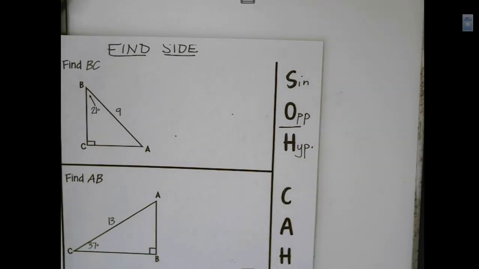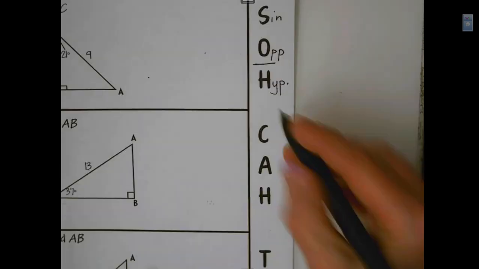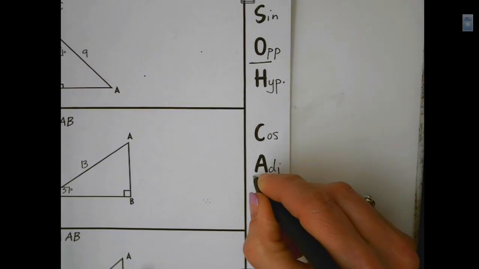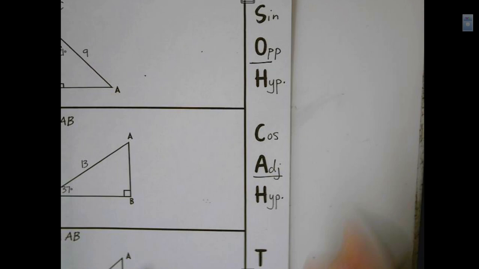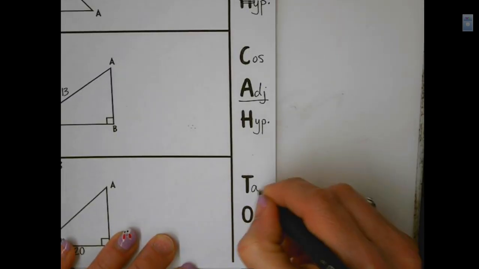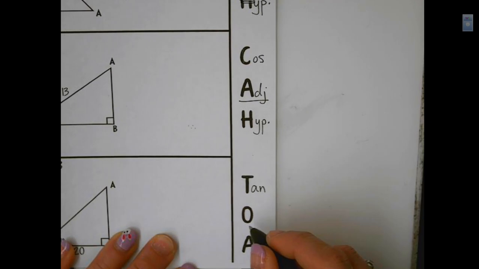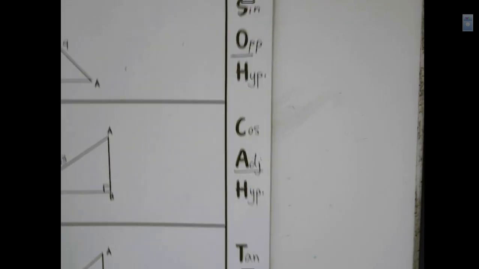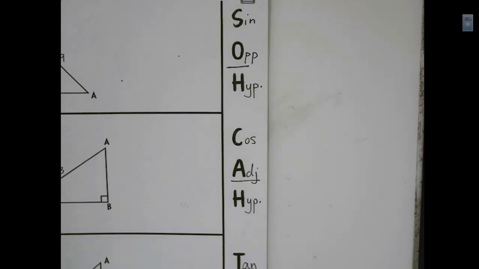Now we definitely know what the hypotenuse is, just getting done with working with the Pythagorean theorem. This is cosine, and this is adjacent divided by the hypotenuse. And then our last one, tangent, T-A-N, that's going to be the opposite divided by the adjacent.